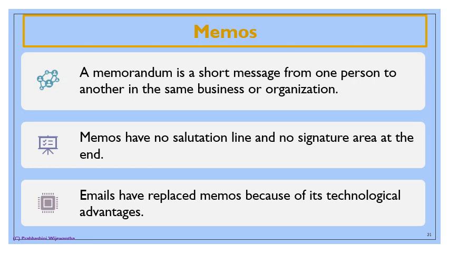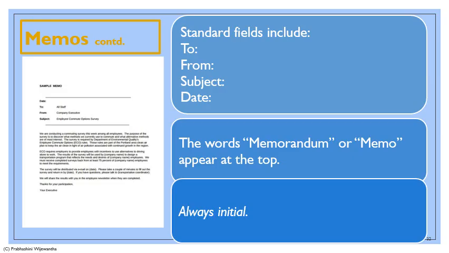We can send easily with one single mouse click rather than printing a memo. So anyway, it's better for you to know the format of a memo. This example is a sample memo. The standard fields in a memo include the "To": all staff; "From": company executive, maybe the chairman, something like that. And then the subject, employee commute options survey.